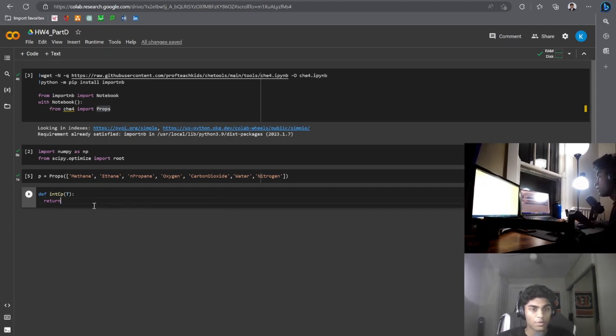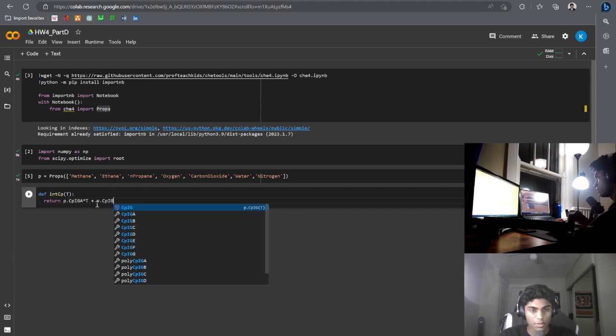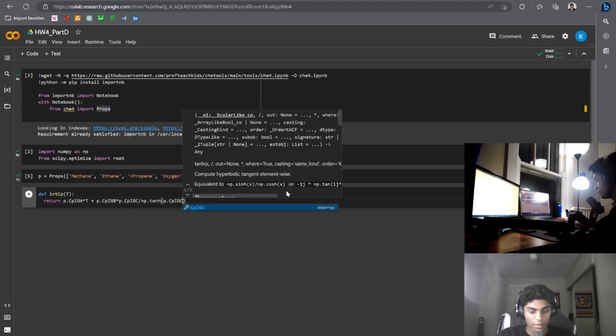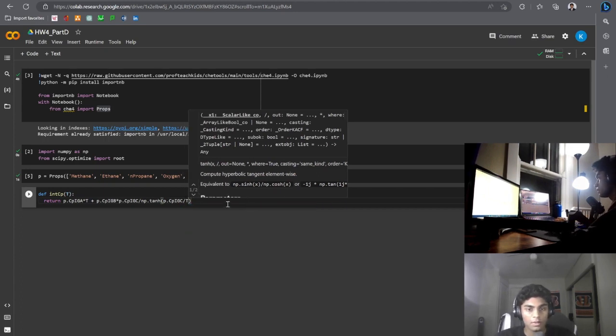In order to call the coefficients, the way to do that is CP ideal gas, and then the coefficient that you want, P dot CP IGA times T plus P dot CP IGB, I'm just going to copy paste this to make things a little easier, IGC times, or actually we could just go over numpy dot tanh of P dot CP IGC over T. That should do it for that term.